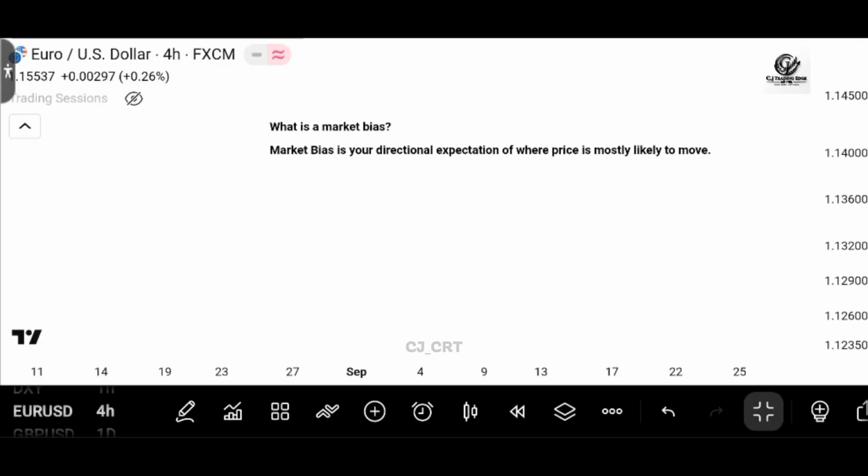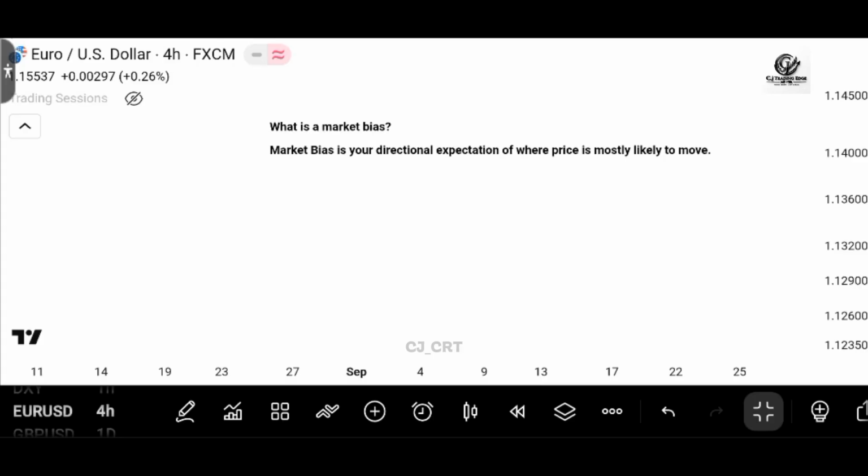Now, first of all, let me define bullish bias. Some of you might know this, but let's just do it for the sake of those who are new into trading.